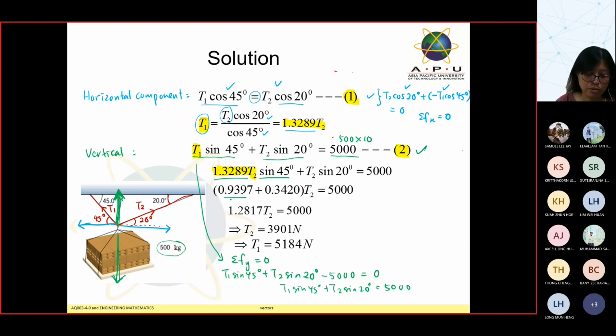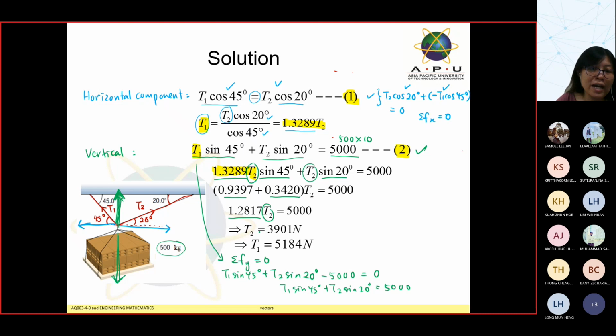Then for sine 20, when I calculate, I get 0.3420. So take the sum of these two numbers, I get 1.2817. Don't forget this is T2. So 1.2817 T2 on the left equals the right, which is 5,000.